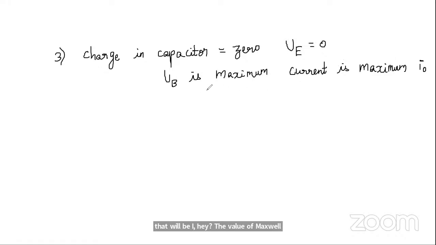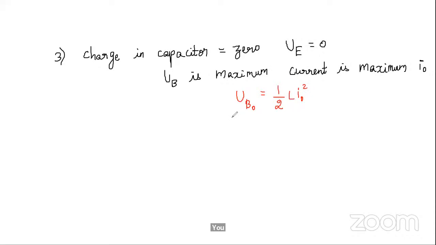Now, what is the value of this magnetic field energy? That will be UB naught, that is half L I naught squared. So this is also equal to the total energy of the system. The total energy is constant, but it is stored in the form of magnetic field only, and the electrical energy is zero.